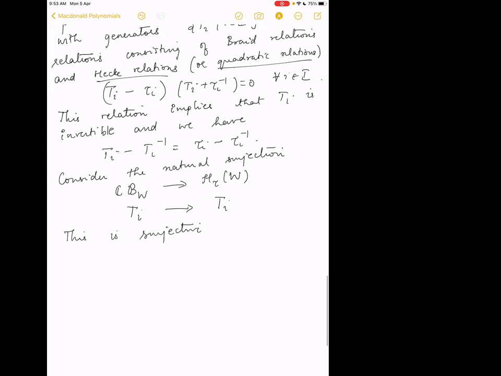This is surjective, and the kernel is generated by the Hecke relations.